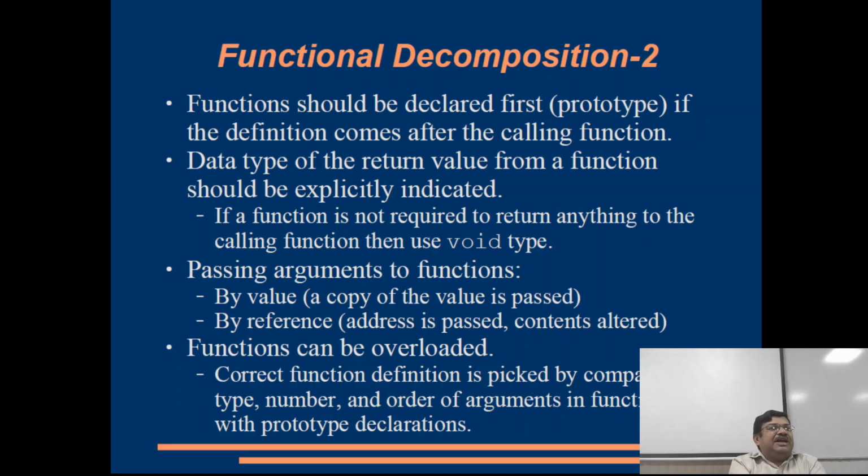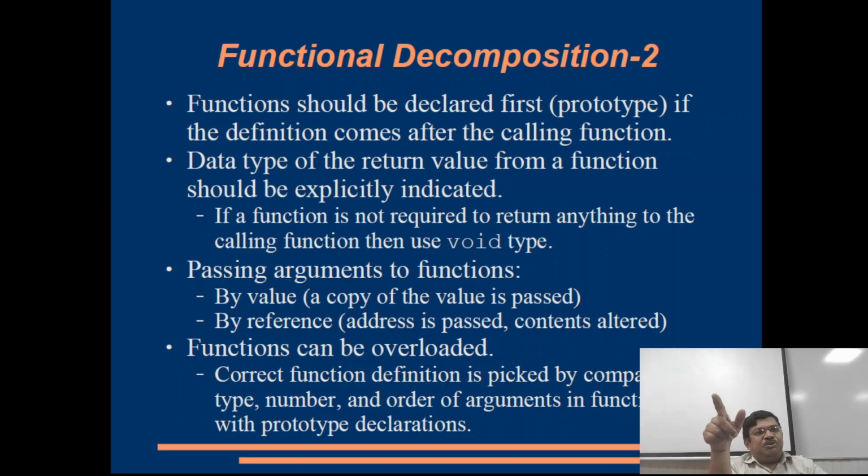The same function add can be used to work with integer arguments. The same function add can be used to work with float arguments. The same function add can be used to work with double type of arguments. Definitions will of course be different. The compiler will pick up the correct definition depending on the arguments with which the function is being called.